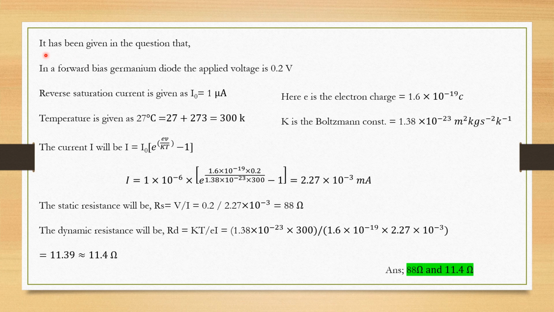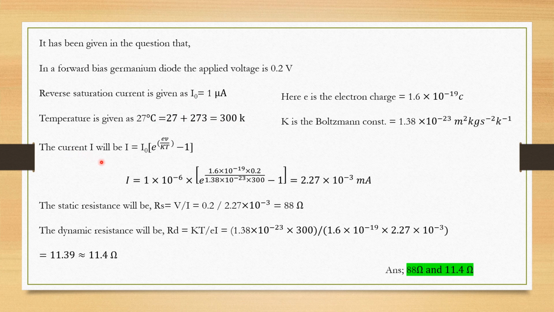Here it is given that in a forward bias germanium diode, the applied voltage is 0.2 volt, the reverse saturation current I naught is equal to 1 microampere and the temperature is 27 degrees Celsius, which we can convert into Kelvin, that is 300 Kelvin.